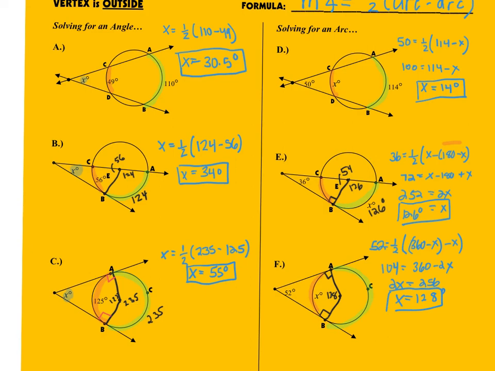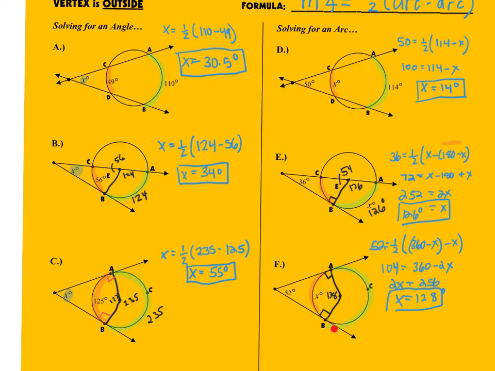But let's look at how we could use the formula to do that in case you wouldn't see that application. So here is 52 equals 1/2. And if we look at this, we know that this is x and that all the way around is 360. So this part here must be 360 minus x. And since it's the larger part, we're going to go first.